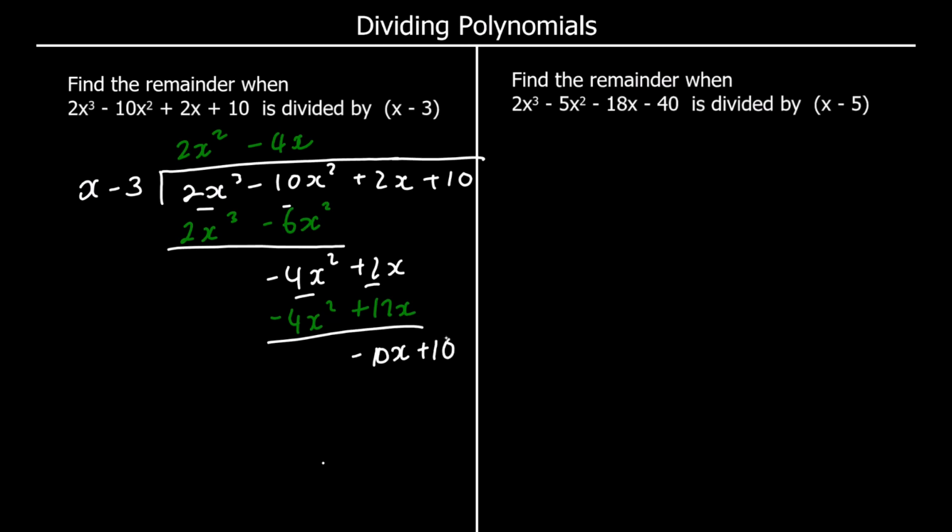Bring down the last term. Negative 10x over x is negative 10 times by the negative 10. So we get negative 10x plus 30. So we can see we've got a remainder this time. 10 take away 30 is negative 20. The remainder is negative 20.